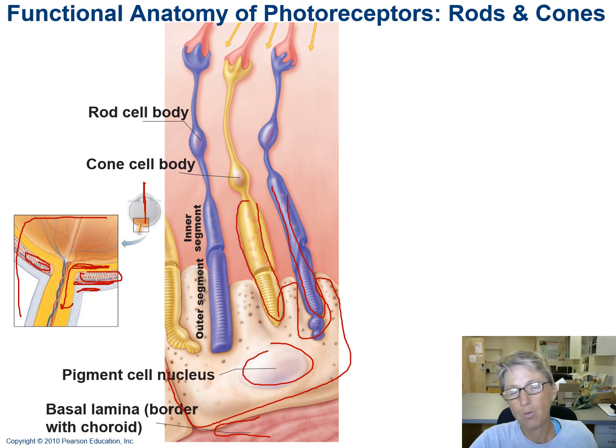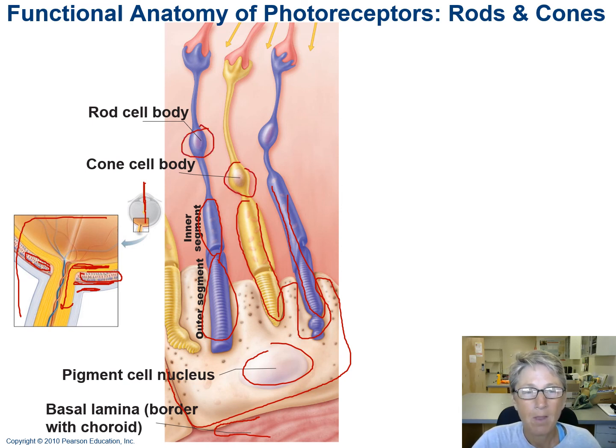With both rods and cones, you have an outer segment that's buried in the pigment cells or the pigmented layer of the retina, and then you have an inner segment. Here's a rod cell body, here's a cone cell body, and then here's the connection with a synapse with these bipolar cells.